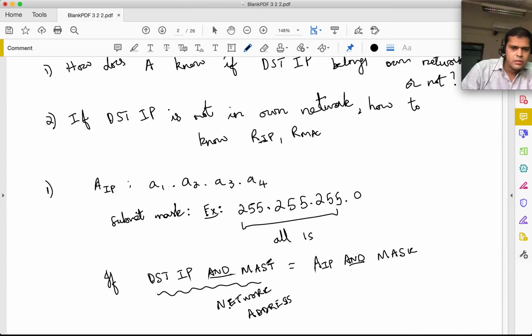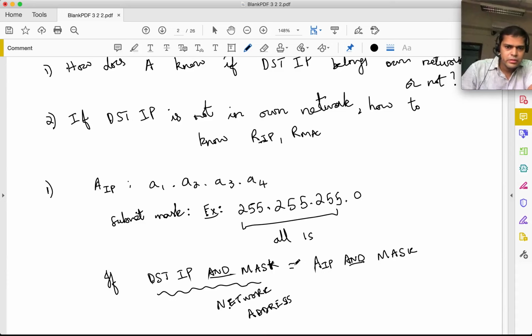Okay, so this is the mask, the subnet mask. So all these IP addresses belong to the same network, to my particular network, if the leading 24 bits, given this particular mask, correspond to the network address.